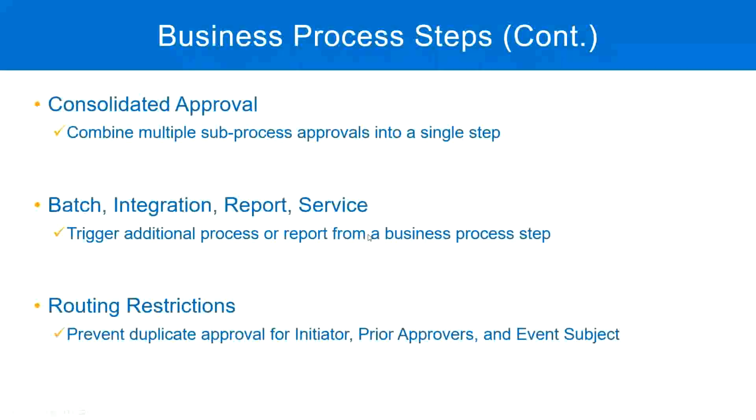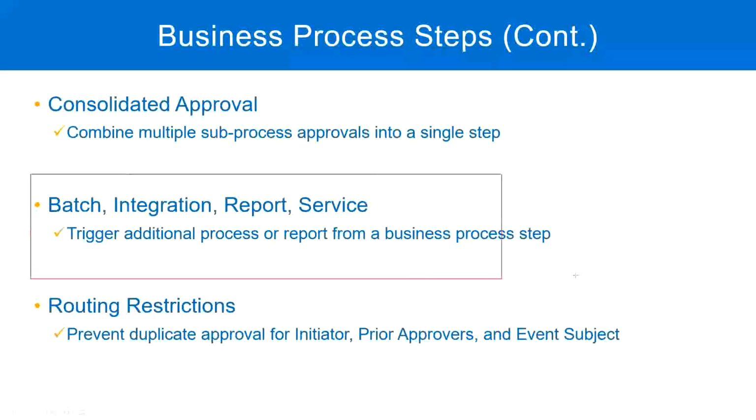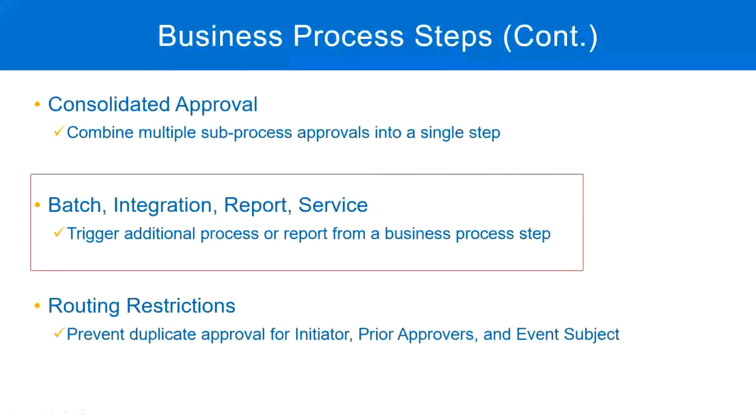So there are some other types of tasks that we can also have from within a business process, like a batch, an integration, a report, or a service. We can trigger all of these from within a business process. You can trigger an integration. You can trigger a report or a service. We will use this a lot when we are talking about integrations.